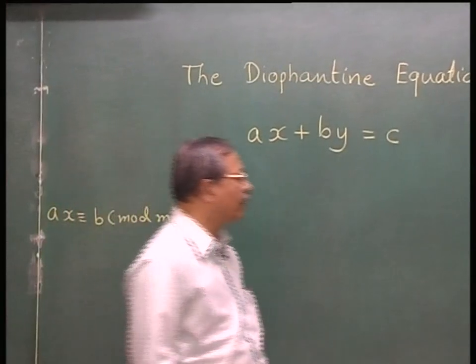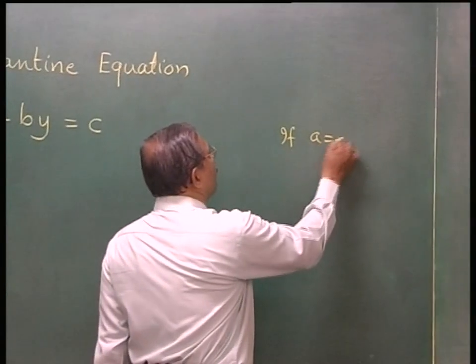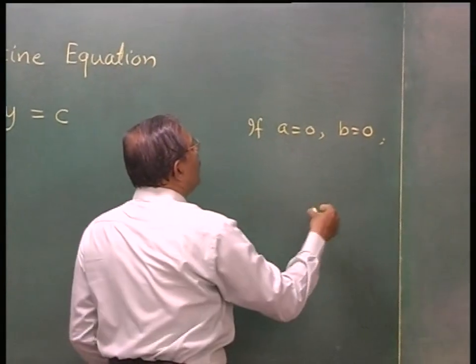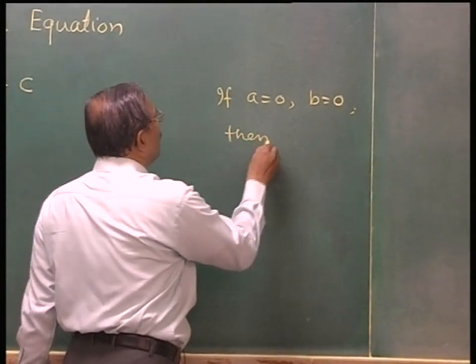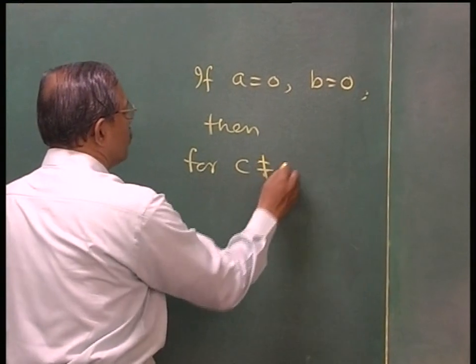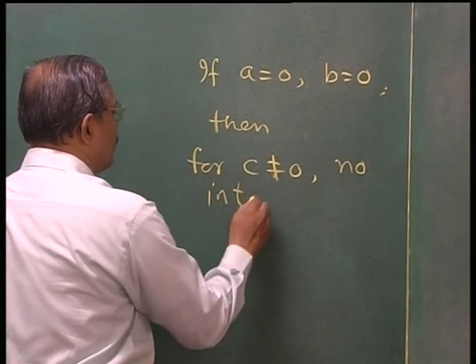So that is a trivial case, that if A equal to 0, B equal to 0, then for C not equal to 0, no integer solution.